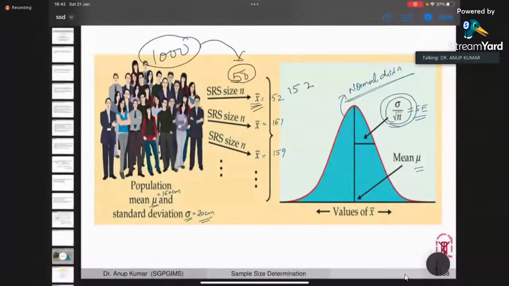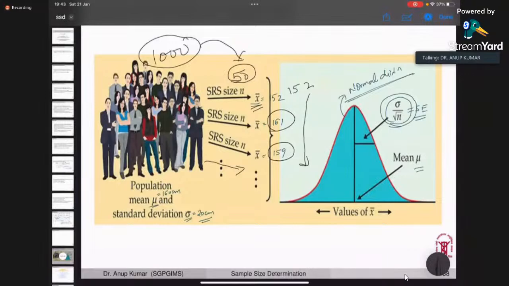If you again repeat the same experiment, the average height comes out to be 161. If you again take a sample, the average height comes out to be 159 centimeters. Now you can see that as the sample changes, the average height is going to change.